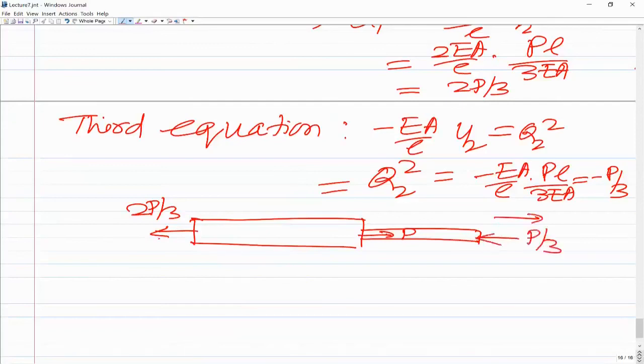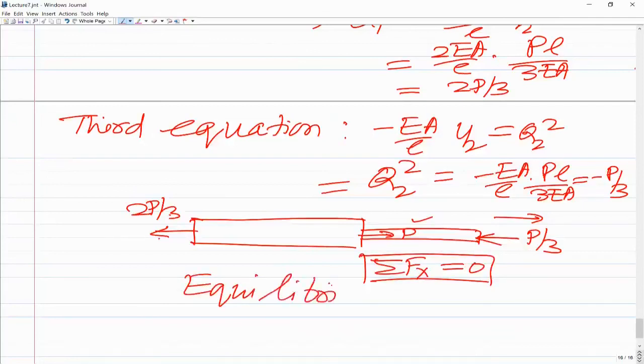So you see the equilibrium of forces: this 2P by 3 and P by 3 in the negative x direction is balanced by p. So the sum of forces, sigma Fx, is equal to 0. That means equilibrium for the whole structure is satisfied.